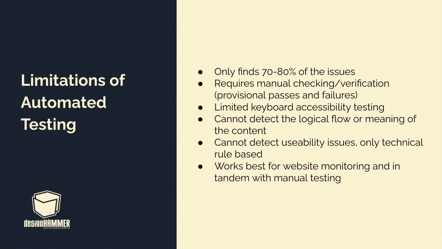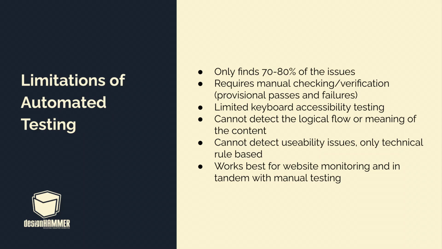If you have an image that's a little squiggly line that's just a decorative image, that should have a blank alt text, right? So how's an automated tester going to tell you whether this is a decorative image or an image that's actually providing some sort of content? It's not. So even if you're using automated testing, there still needs to be a manual verification process.